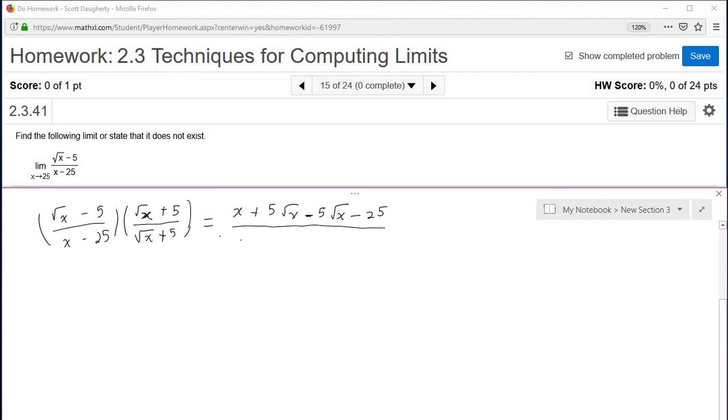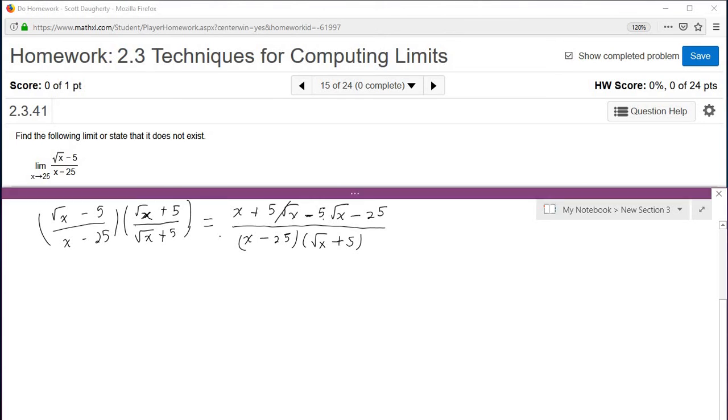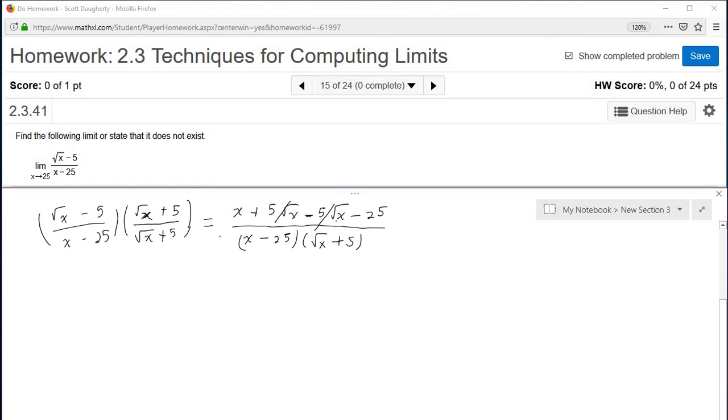And then on the bottom, I'm not going to FOIL that out. I'm just going to write that as, again, x minus 25 times the square root of x plus 5. Now notice on top, after you FOIL that out, this 5 times the square root of x cancels with the negative 5 times the square root of x.